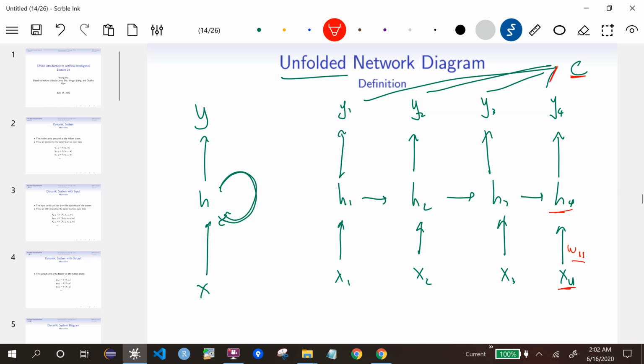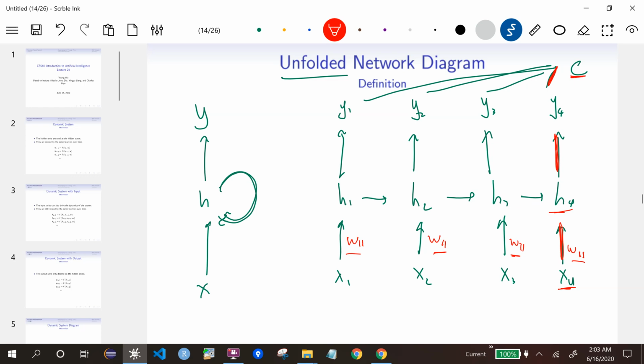Why is it difficult? Because we can just go back, and go back, and take the derivative of each and then just multiply them using the chain rule, right? The problem is that this is not the only time W11 appears. They are sharing the same weights over time. So all of these are basically the same W11.